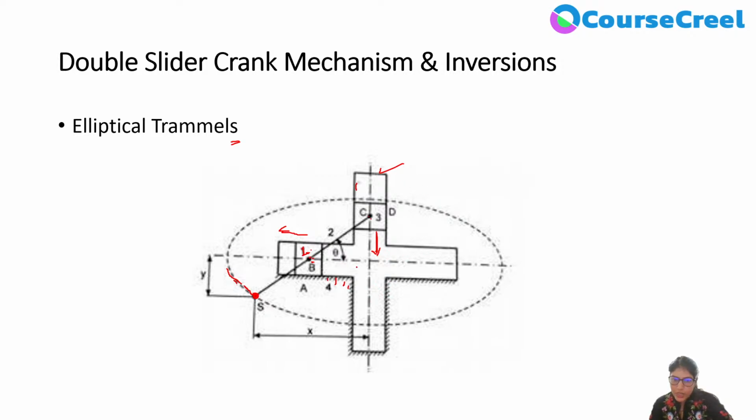So the movement of the sliders is giving rotation to the fourth link, and this link will move and draw the ellipse. Okay, so here we have two sliding parts which are moving in the slotted part, and it is forming two turning pairs and two sliding pairs. So this is the double slider crank mechanism.